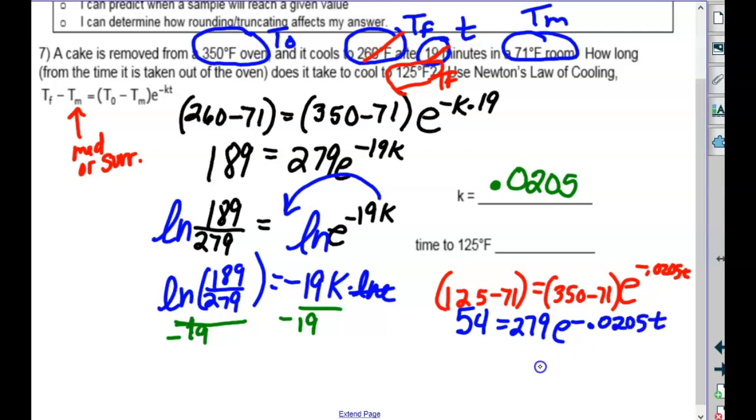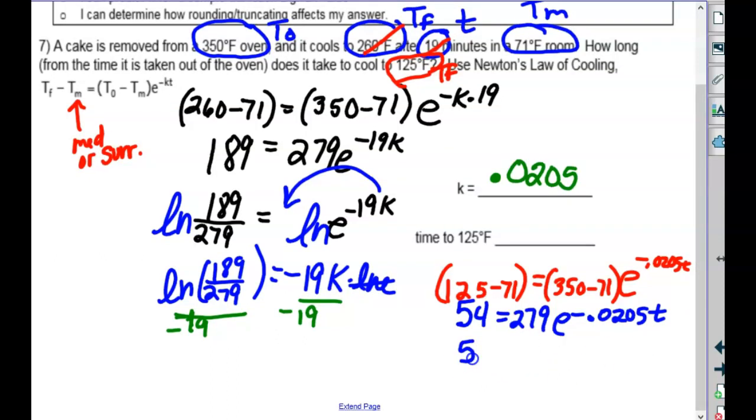Can I just keep going, or do you need me to explain? Everybody okay? We're just going to divide and take the log of both sides again.